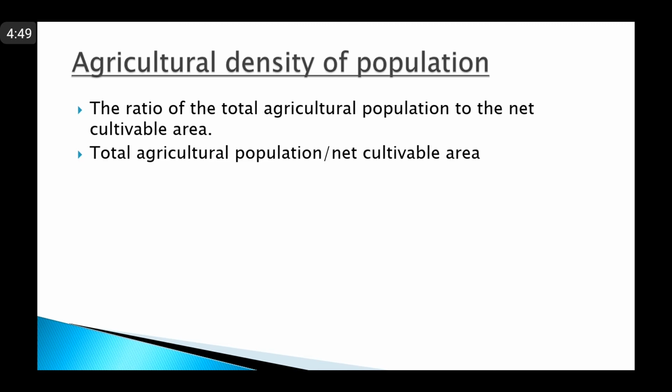This is the method for calculating the agricultural density. India is one of the most densely populated countries in the world, and while the area of the country is fixed, the population is increasing day by day. So, as a result, the density of population is also increasing.